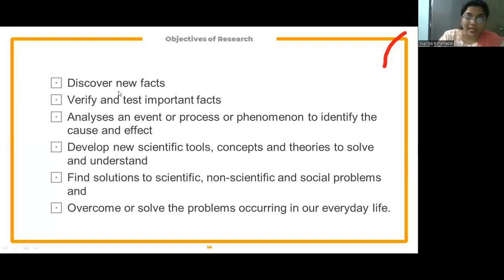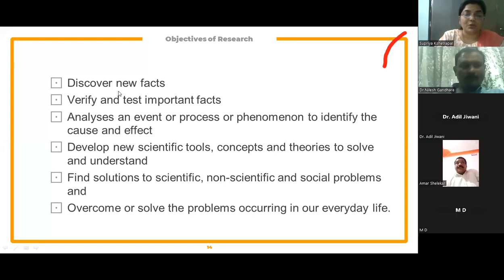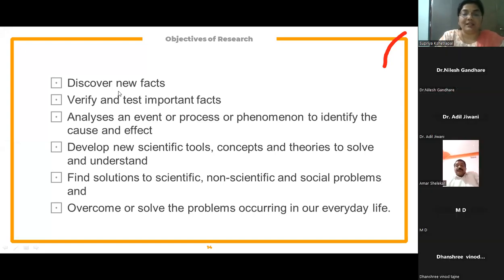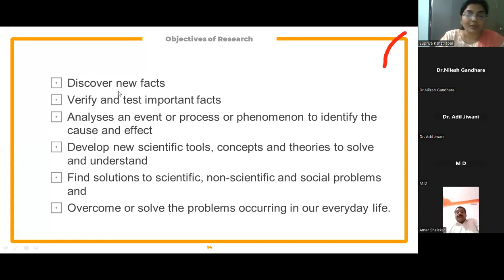So x is the cause and y is the effect. Here x is the independent variable and y is the dependent variable. These are examples of analyzing an event, process or phenomenon to identify the cause and effect.